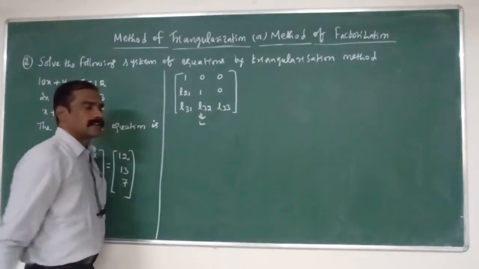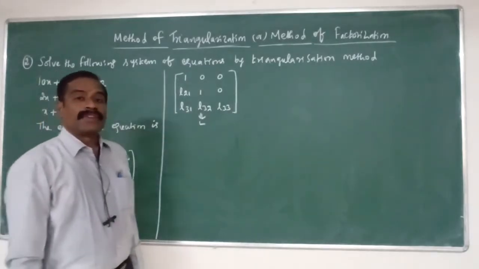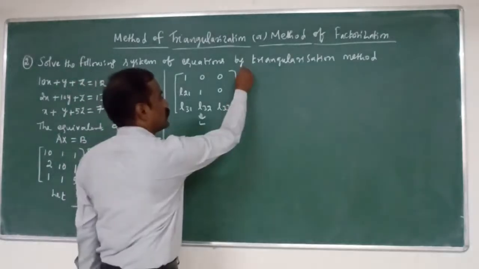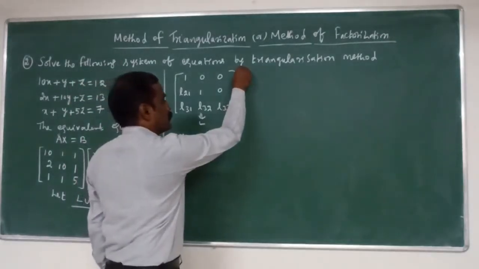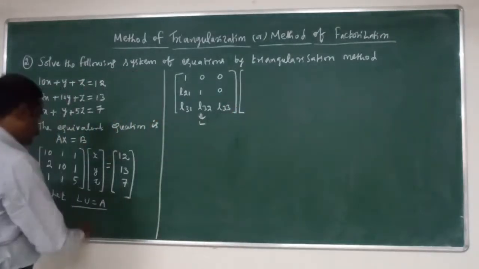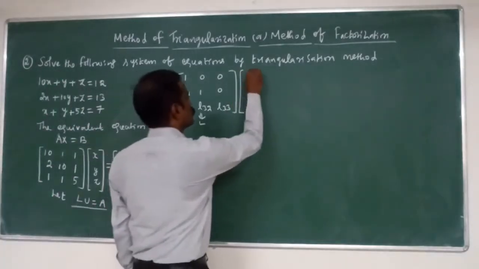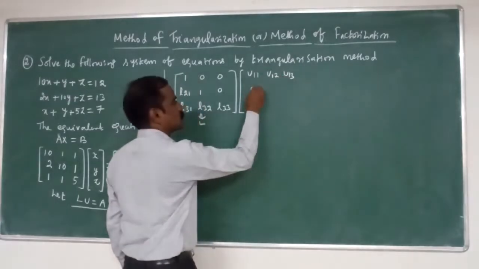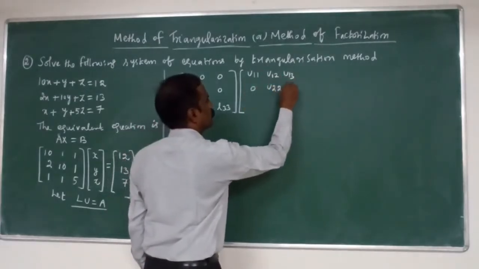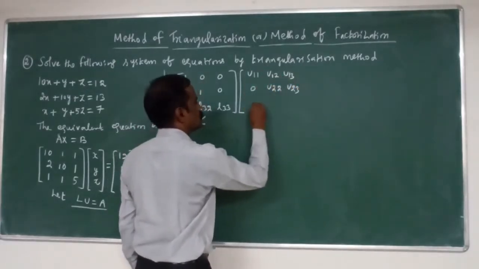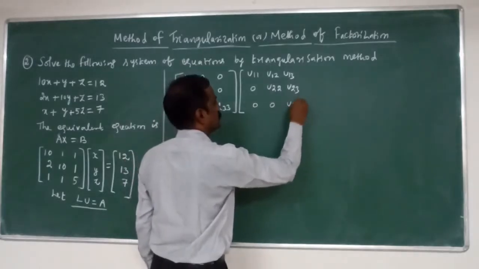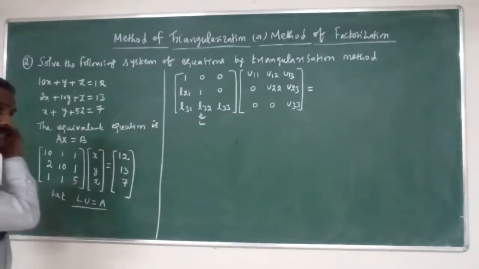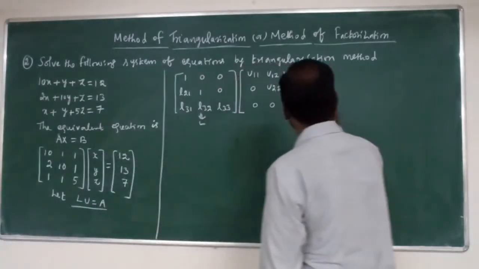Okay. This one, refer to the previous topic or video. We can represent U11, U12, U13; 0, U22, U23; and 0, 0, U33, equal to the A value.